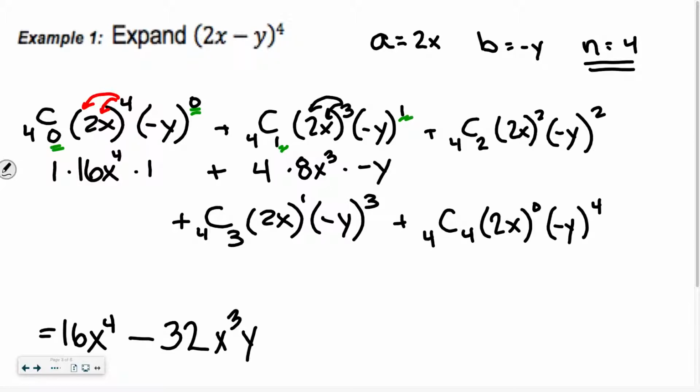Now, a combination of 4 choose 2, I might use my calculator. Can anybody do that for us? Combination of 4 choose 2, or you recall from Pascal's triangle? Number is? Not 4. 6. Times, this is going to be 4x squared. What happens to negative y squared?